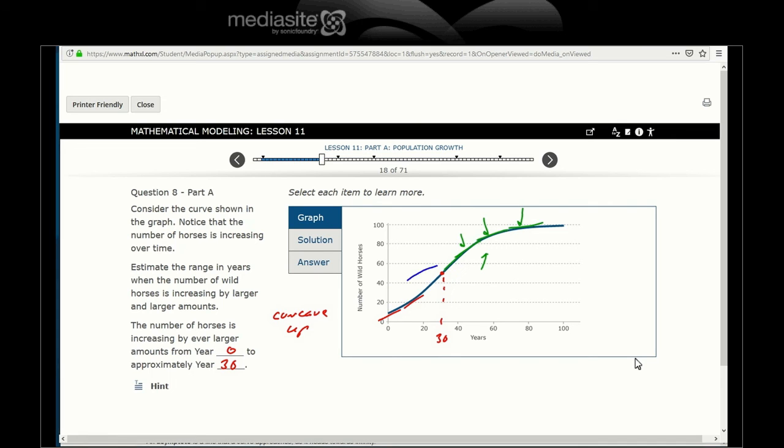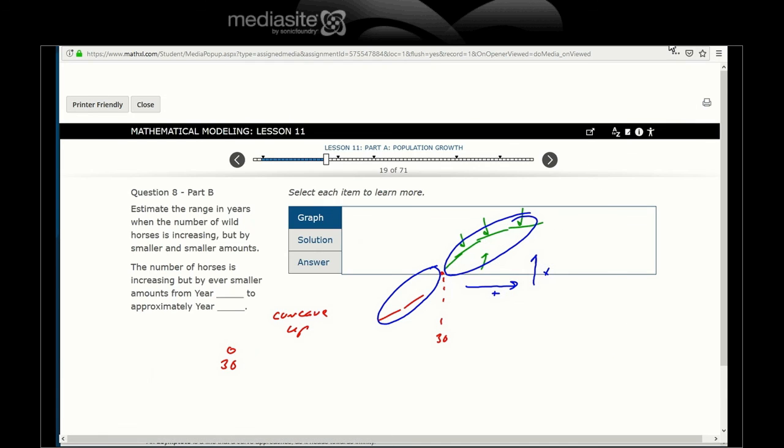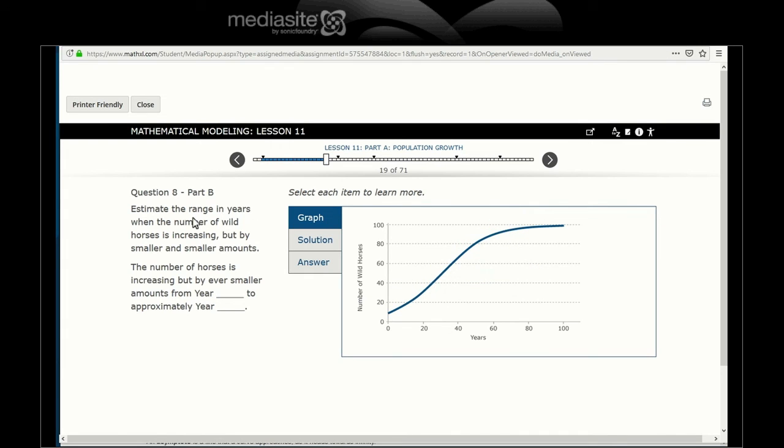On this side of the inflection point, I'm increasing faster and faster. On this side of the inflection point, I'm still increasing, because as x goes this way, y is going up, but the rate of increase is going down. Now estimate the range in years when the number of wild horses is increasing, but by smaller and smaller amounts. I just did that.